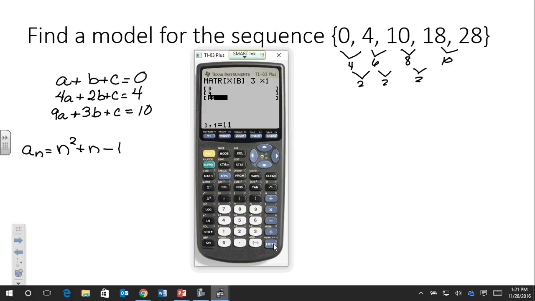Not 11, 10. All right, so now we go and quit, and we want matrix A inverse. So matrix A inverse, not squared. There we go. And we want to take that times matrix B.